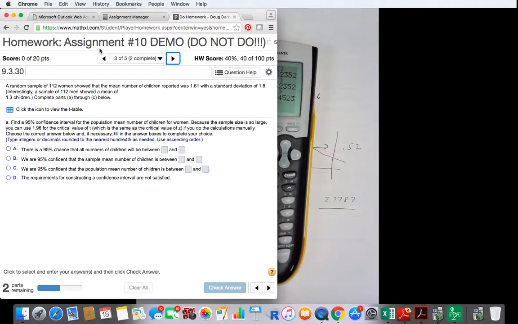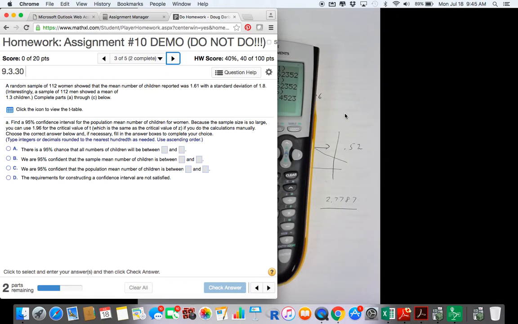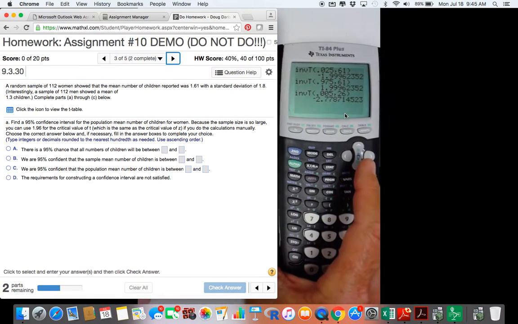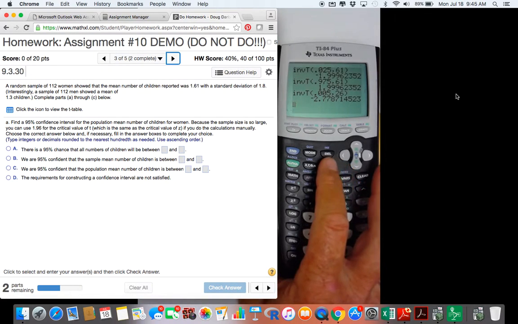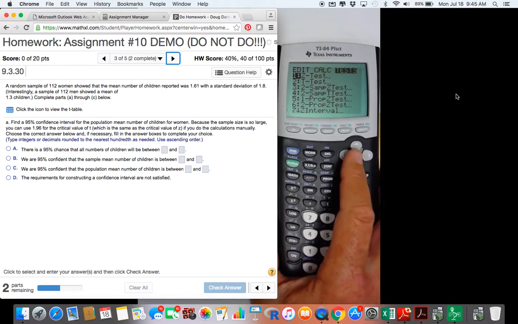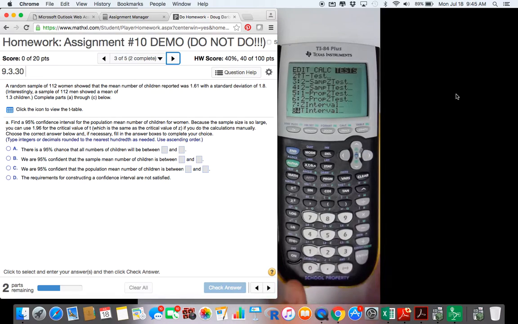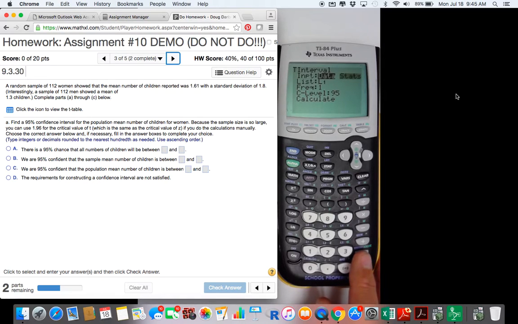So let me exit the full screen here. And let me move this over. So what I'm going to do, and what I would encourage you to do, is to use the t interval. All right, go over to stat.